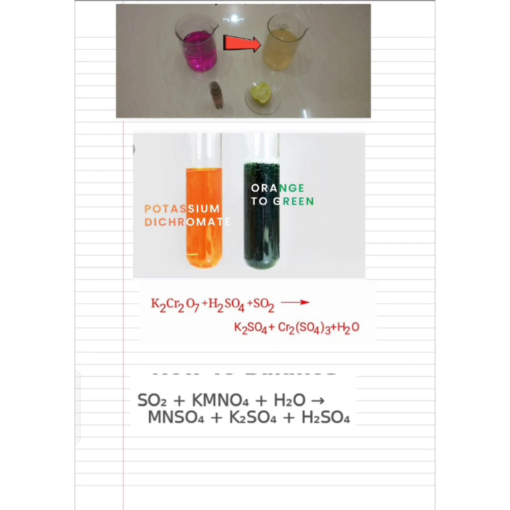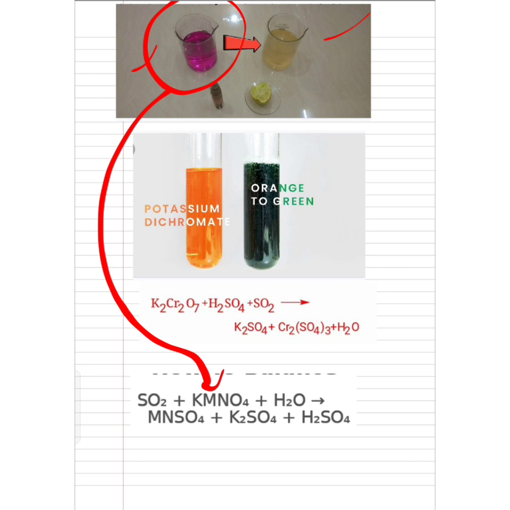As you can see, a purple solution is turning to yellowish color. So what is this purple solution? This purple solution is nothing but potassium permanganate. What is this potassium permanganate formula? This is the formula of potassium permanganate, KMnO4.